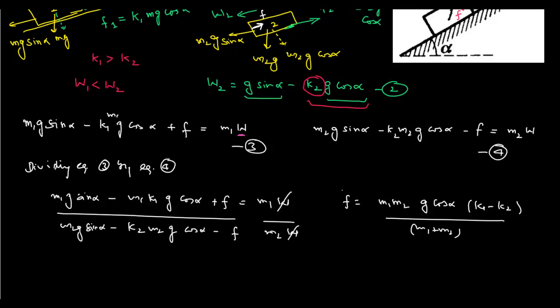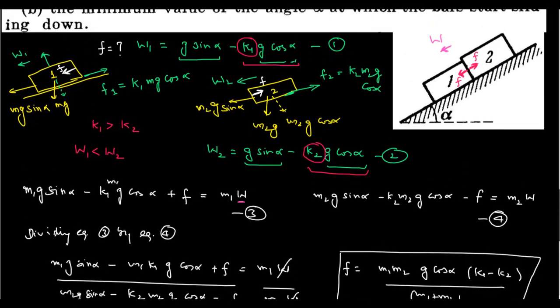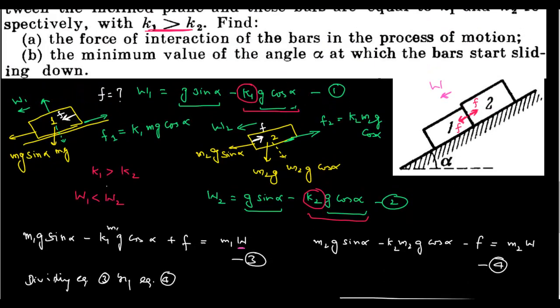Clear? So this will be the force of interaction under the condition that k1 is greater than k2, and if the condition is reversed, that k2 is greater than k1, then both these blocks will move independently and the force of interaction will be 0. Clear?